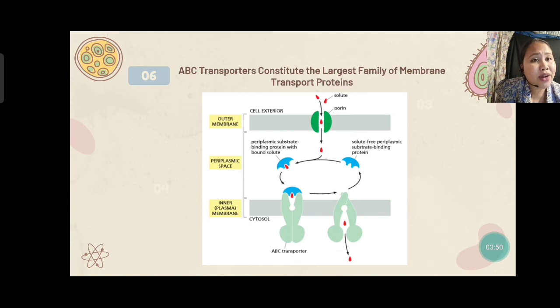So from the outer membrane, the periplasmic space, to the inner plasma membrane, since it is double. The ABC transporter here, in the cytosol to the periplasmic space, forms a cycle with periplasmic substrate binding proteins with bound solute and solute-free periplasmic substrate binding proteins, so they help the protein.